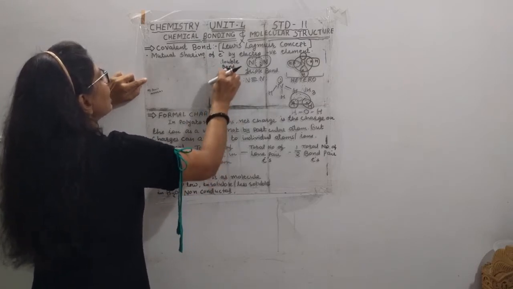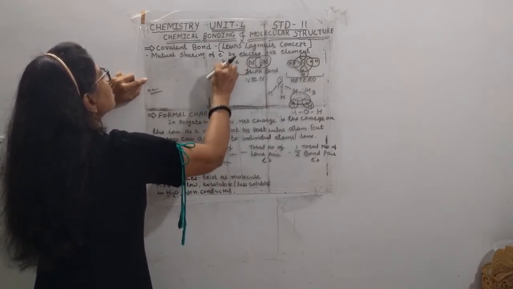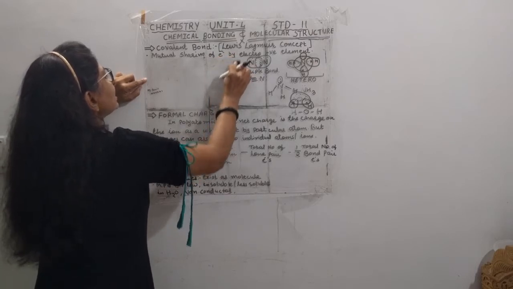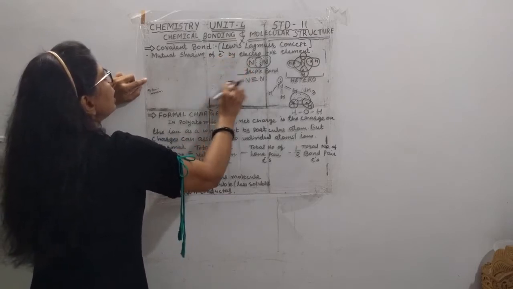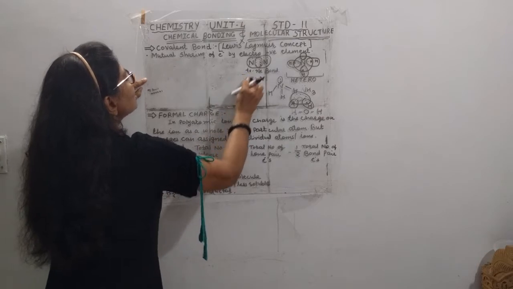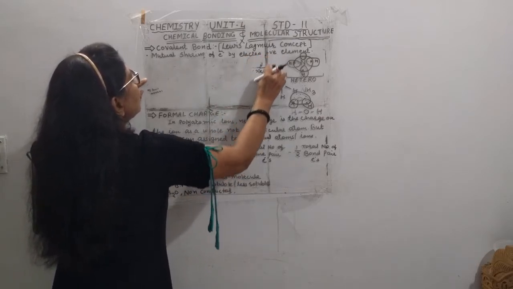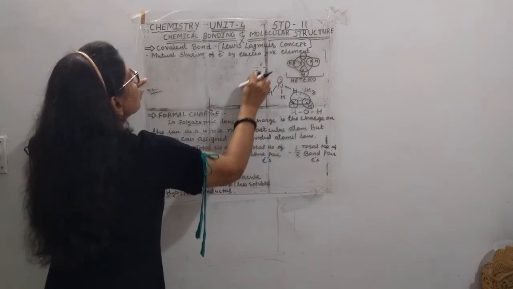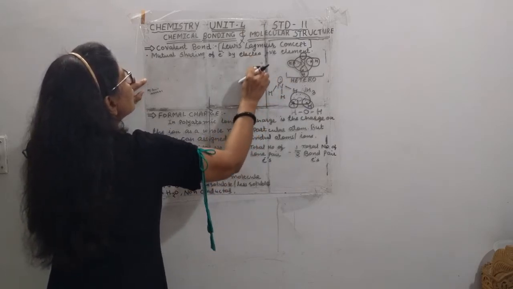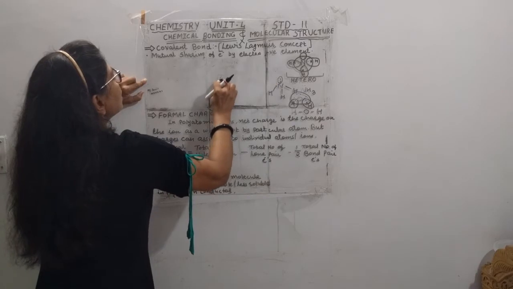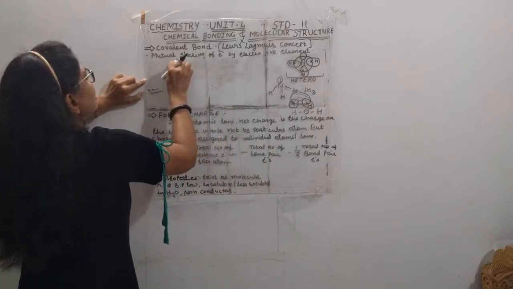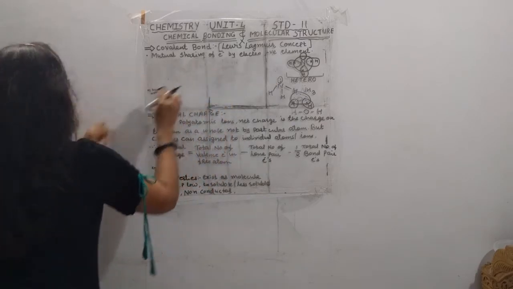What is bond enthalpy? That all also, because our next video is related to the valence bond theory. So that bond length and bond enthalpy is also the very important definition for understanding the valence bond theory.